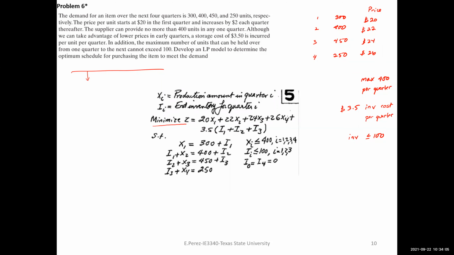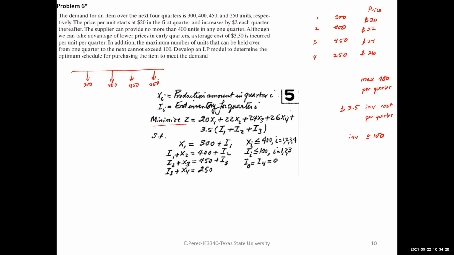Then, if you remember that line that we draw, we are now having a demand here. Okay, we have the demand. Good. Demand is 300. Demand is 400. 450 and 250.